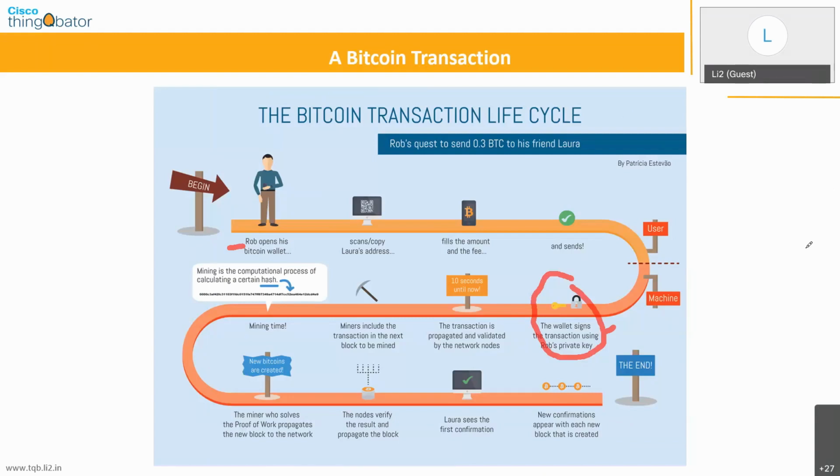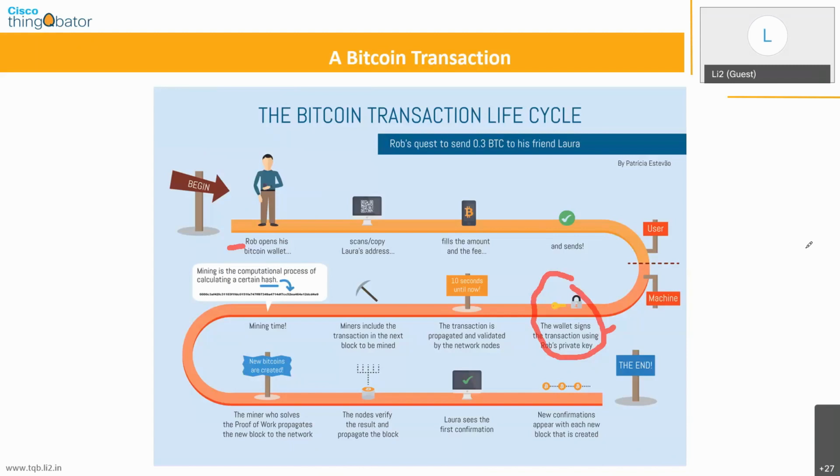Now assuming that the network validates the transaction and the transaction is sent to miners, the miners will compete with each other in terms of adding the new block in the blockchain, right?